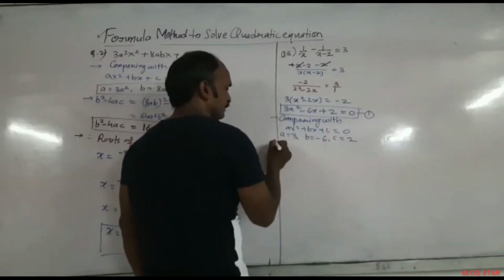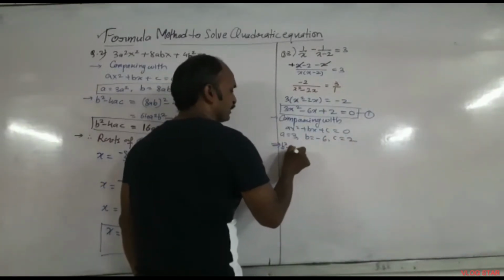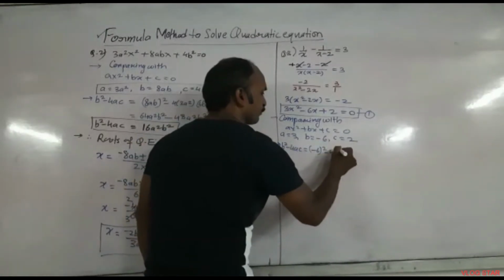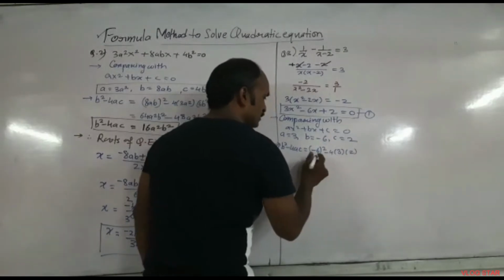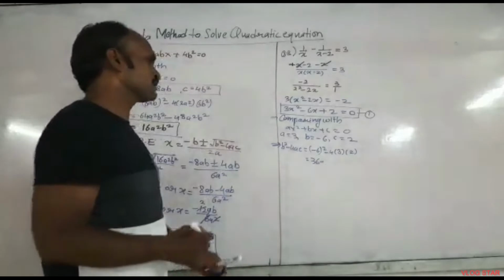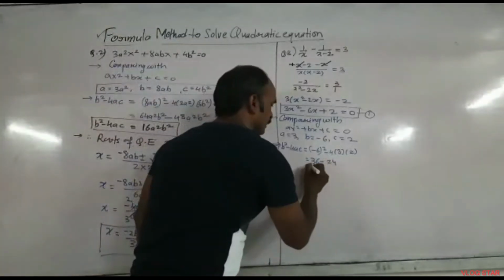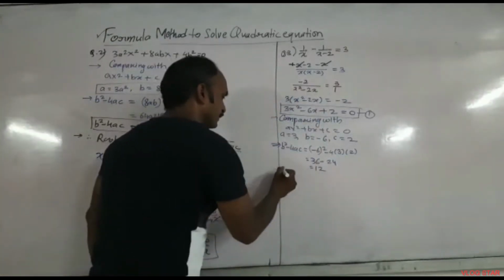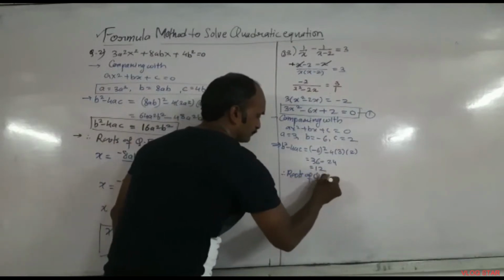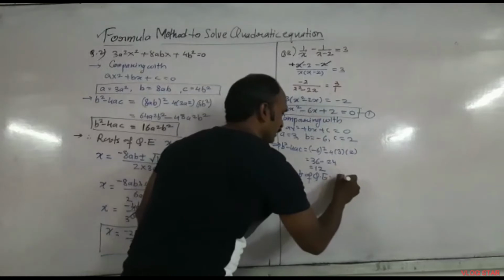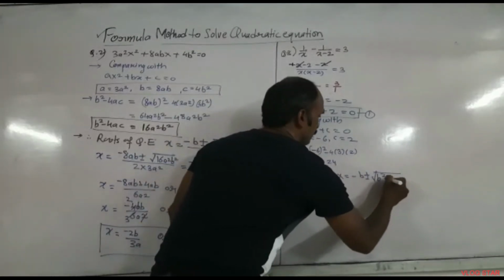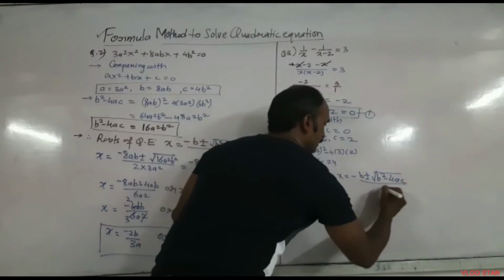Then find out b² − 4ac. So (−6)² is 36 and minus this is 24. You will get 12. Therefore, the roots of the quadratic equation are given by x = (−b ± √(b² − 4ac)) / 2a.